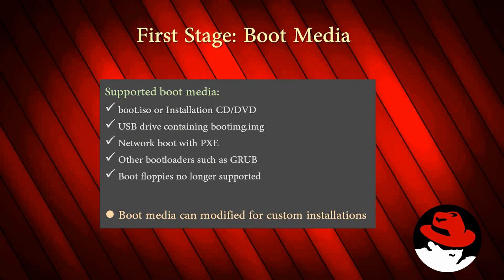The boot.iso or installation of the CD DVD is done here. A USB drive containing boot image.img, a network boot with PXE, other bootloaders such as GRUB, boot floppies that are no longer supported. The boot media can be modified for custom installations.